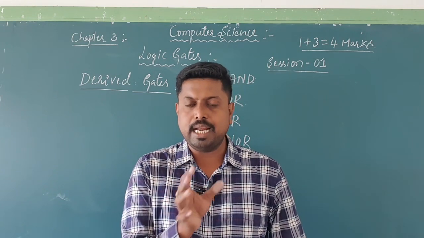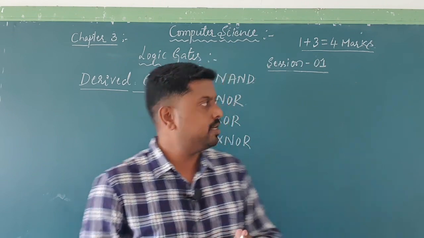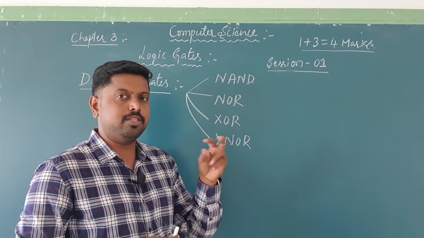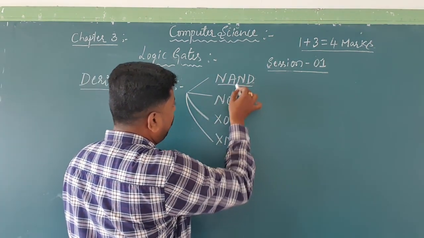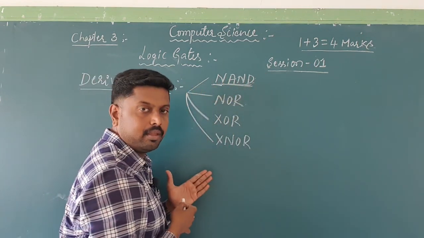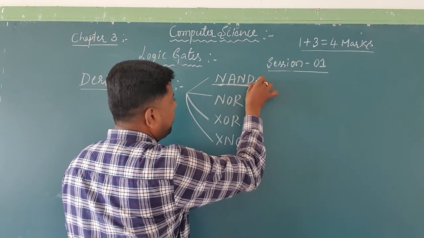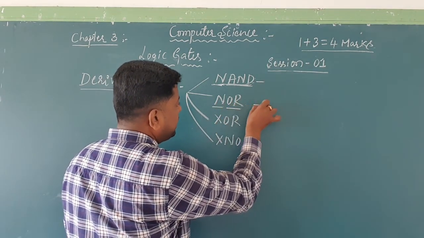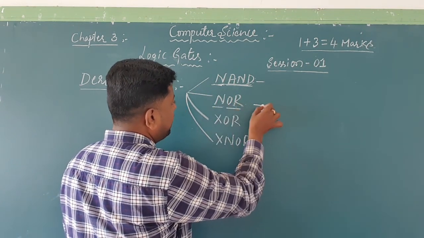Now we will combine the basic gates. See here, by the name of the gates we come to know which two gates are combined. Observe this. NAND gate is a combination of AND and NOT. Once again, a combination of NOT and AND, that is NAND. A combination of NOT with OR, that is NOR.